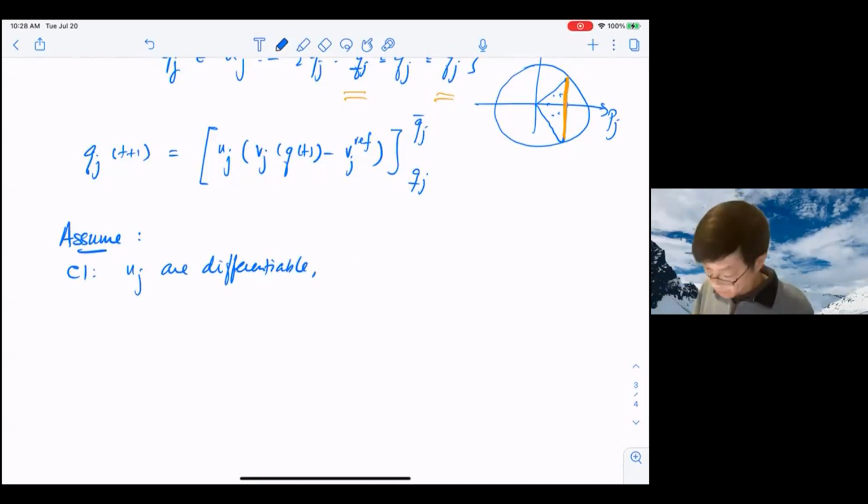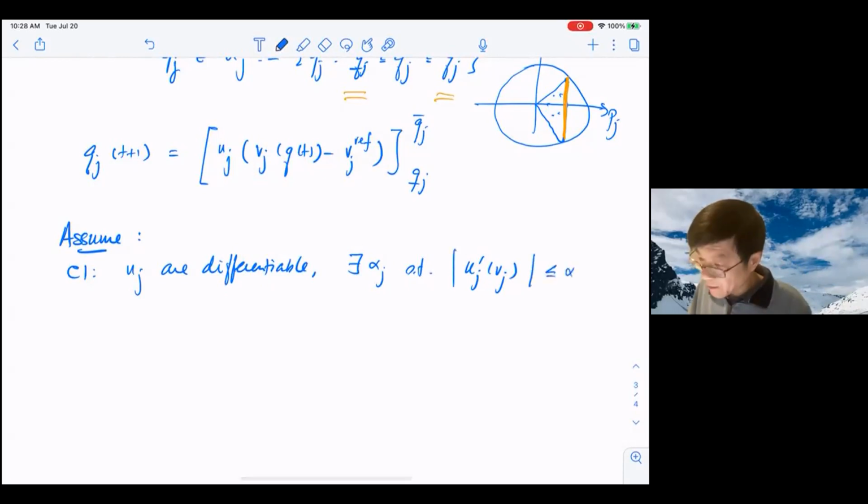Okay, so there exists alpha j such that the derivative of uj with respect to vj, so u is a function only of v, right? Given a certain voltage, in this case the error, you have a uj, and you look at its derivative, its absolute value is bounded by alpha j.